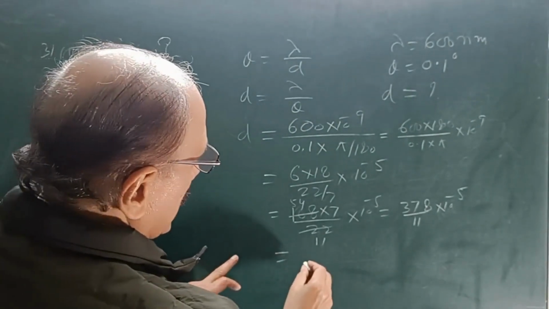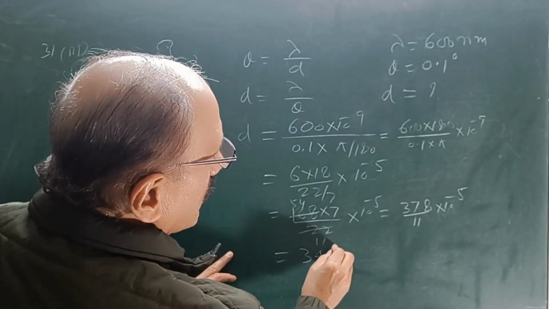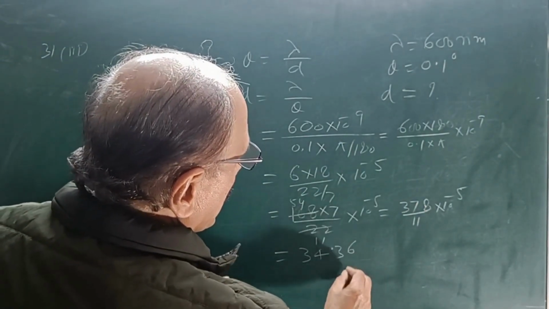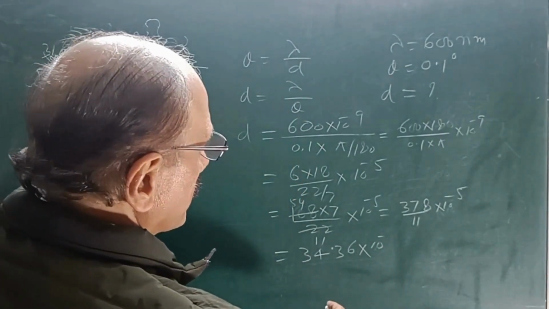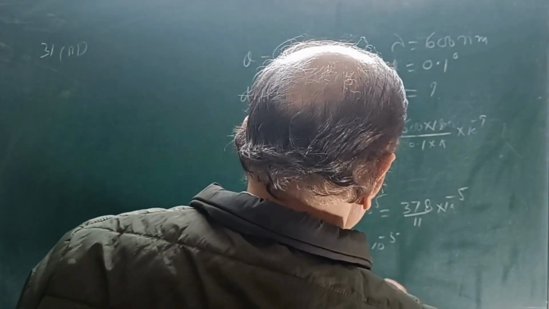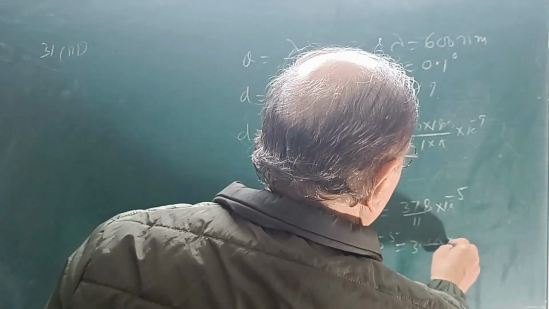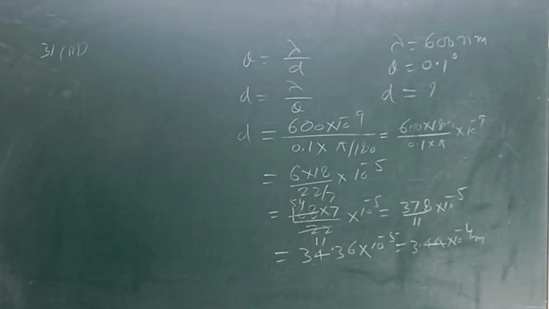Dividing, it comes to 34.4 into 10 to the power minus 5, so that you can write as 3.44 into 10 to the power minus 4 meter. That will be the answer.